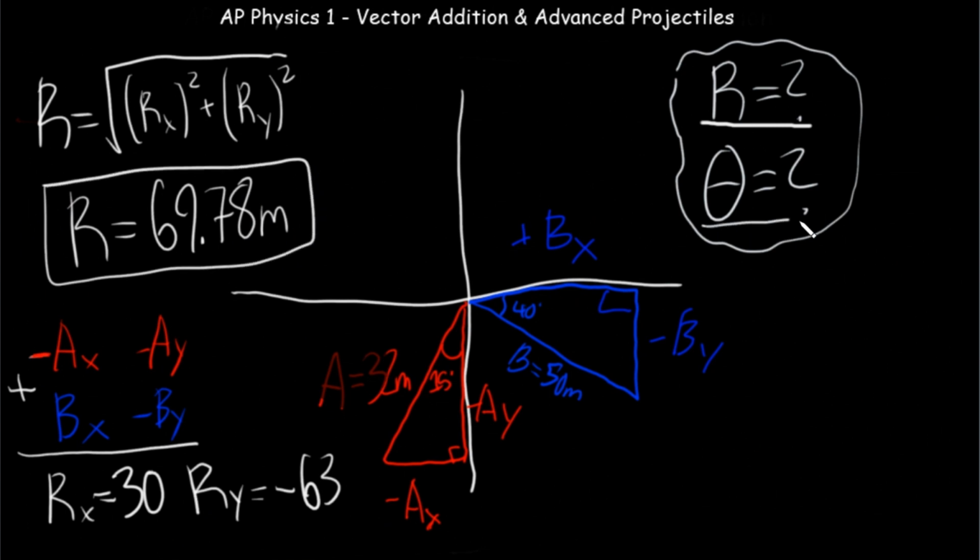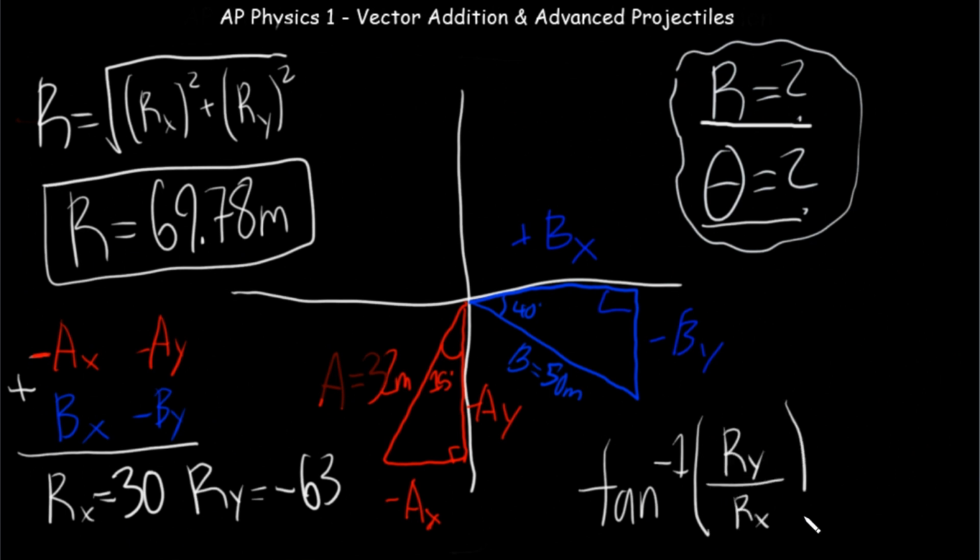Now we need to figure out the overall angle. And the way to do that is with tangent inverse R of y over R of x. By the way, if you don't know how to do tangent inverse on your calculator, if you're using a TI-30XS, you would want to hit the light green second button at the top left of your calculator, and then hit the tangent button.